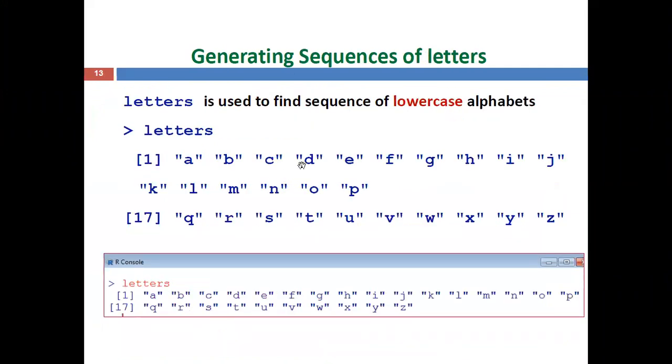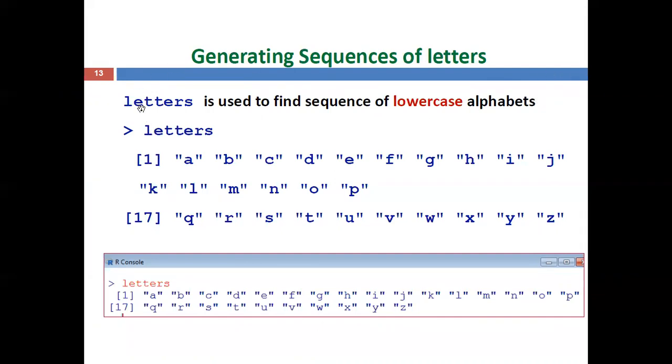Then coming to next one, that's all about working sequences with dates. Then working with letters, generating sequences of letters. So here two aspects are there in case of handling letters. Whenever you use lowercase letters, to find a sequence of lowercase alphabets.